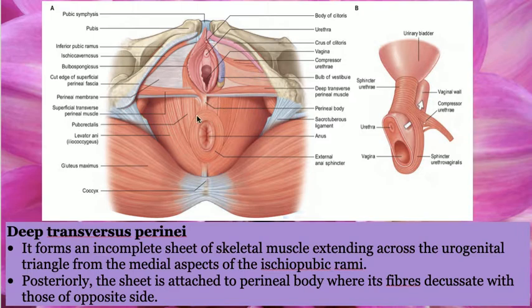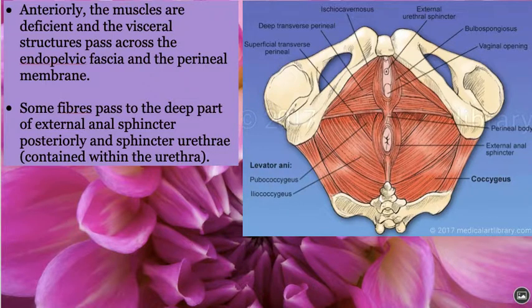This is the perineal body, where the fibers decussate with the opposite side. Anteriorly the muscles are deficient and the visceral structures pass across the endopelvic fascia and the perineal membrane. Some fibers pass deep to the external anal sphincter posteriorly and the sphincter urethrae that we have seen previously.